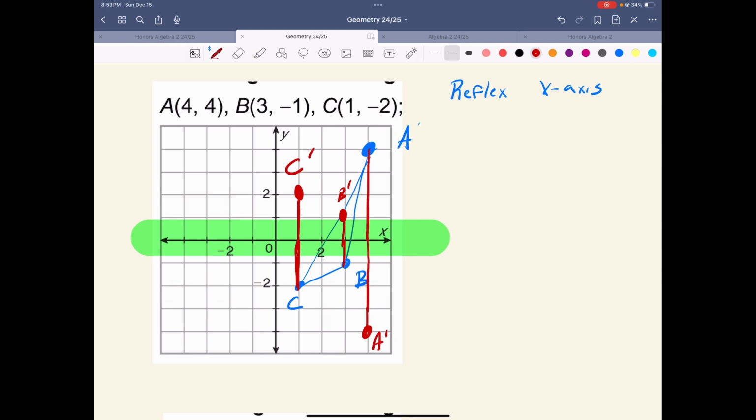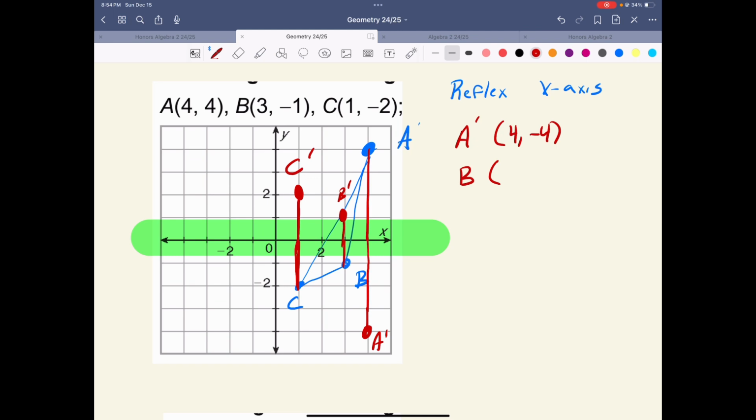If we wanted to name them, our original was 4, 4 for A. So our reflected x stayed exactly the same. My x was 4. And then my y value, it's the negative of whatever it started out with.